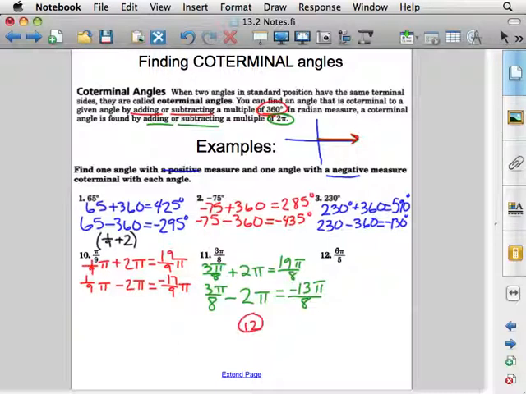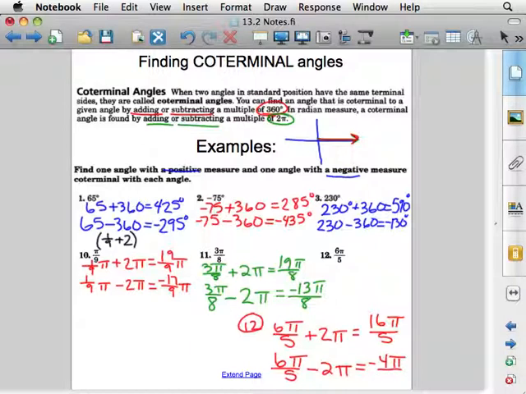We have 6 pi over 5, so we need to add 2 pi, and we get 16 pi over 5. And to get our negative, we take 6 pi over 5 minus 2 pi, and we get negative 4 pi over 5.